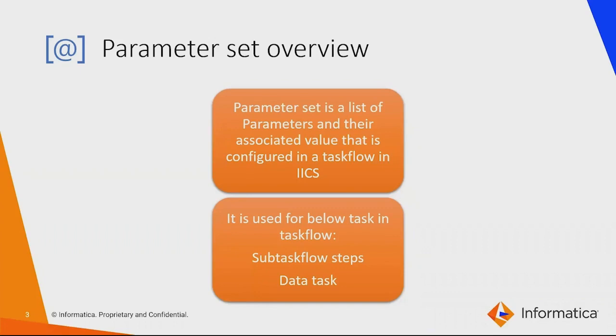The task flow reads parameters from the parameter set, and when the task flow runs, the values are applied. You can reuse a parameter set across multiple task flows, and you can also define parameters for subflow task steps and data task steps in a task flow.